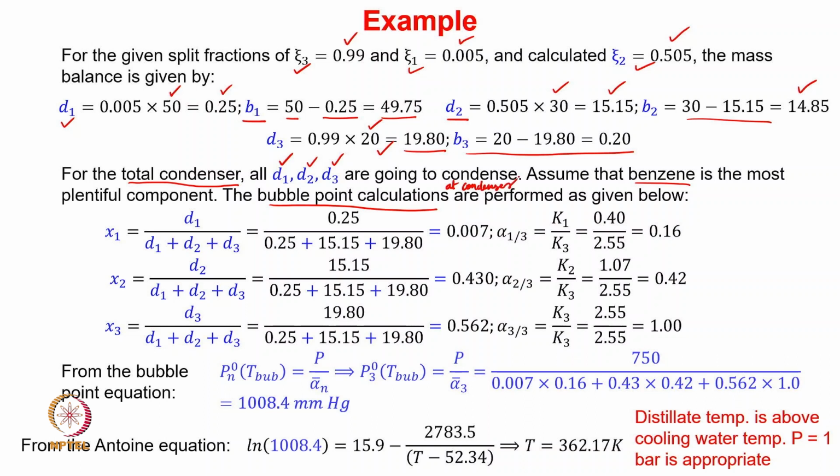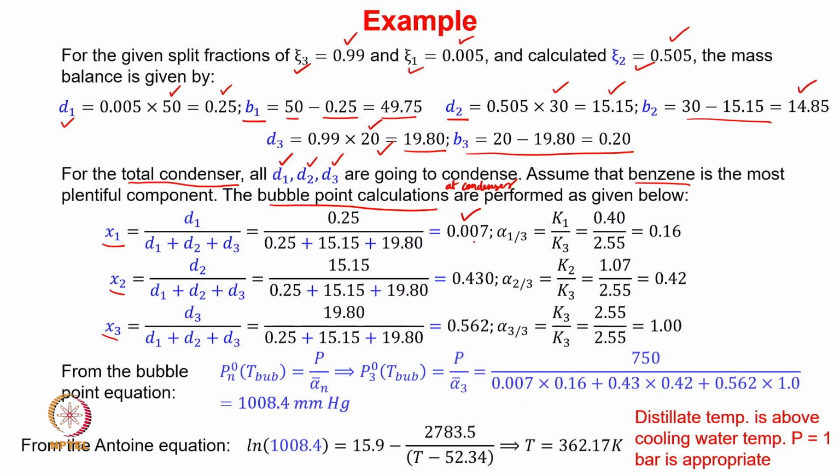Okay. So now when D1, D2, D3 are condensed in the total condenser, the mole fraction in the liquid phase will be what? X1, X2, X3. That we can directly obtain from D1, D2, D3, isn't it? So X1 will be given by D1 divided by D1 plus D2 plus D3. So we can put D1, D2, D3 in this particular equation, and we can obtain the mole fraction of component 1 in the distillate.